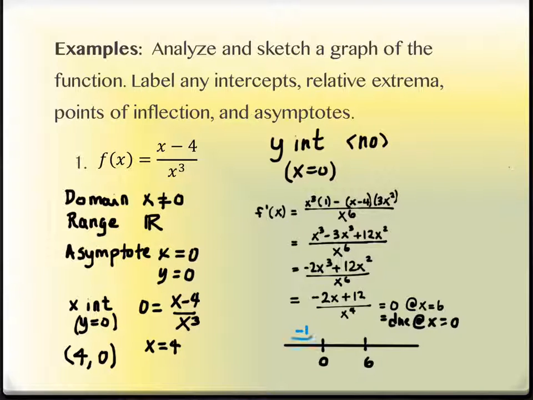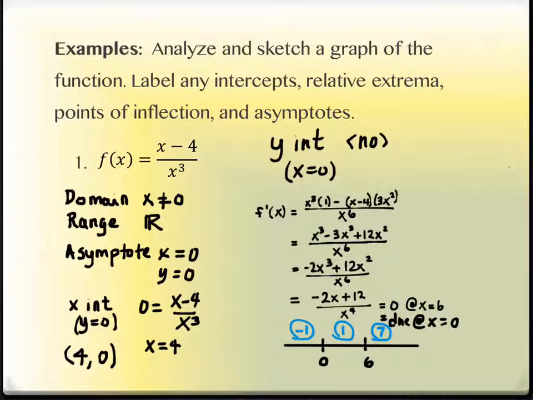So maybe we test -1, 1, and 7. And we test it into which equation? The derivative. The derivative tells us information about increasing, decreasing, max, min. So let's plug these in. Do I care about the sign or do I care about the actual value?